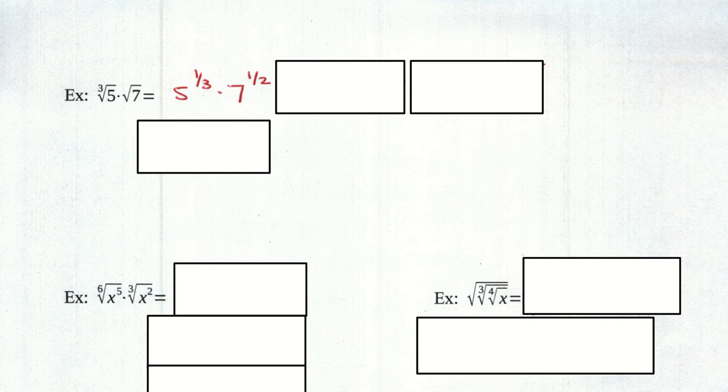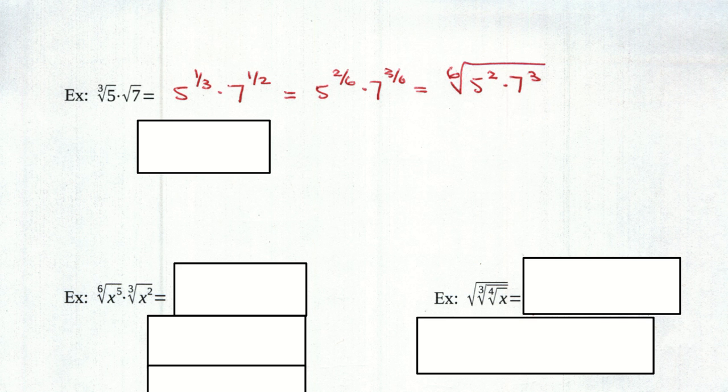of steps. We need a common denominator, a common multiple of 3 and 2, and of course that's 6. So we make the 1/3 into 2/6, and we make the 1/2 into 3/6. We're not going to add those, but we've got a common denominator of 6. Just by doing a little arithmetic, treating these like fractions, we now have two denominators that are the same. That means we can bring that 1/6 out and write this as a 6th root.